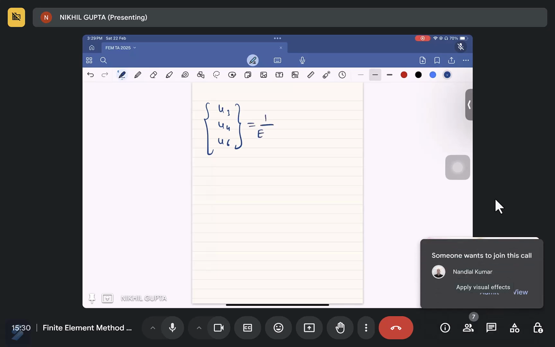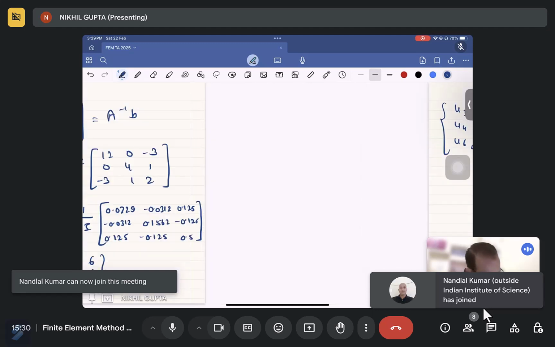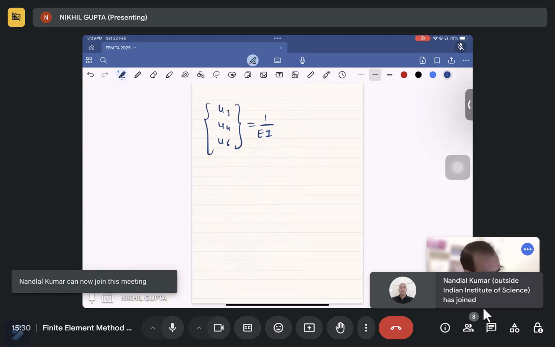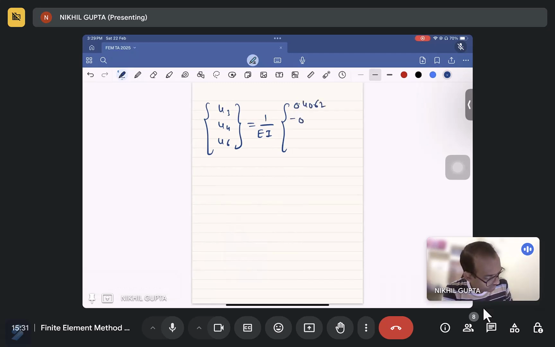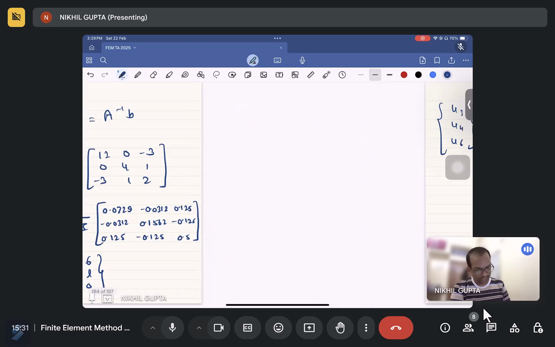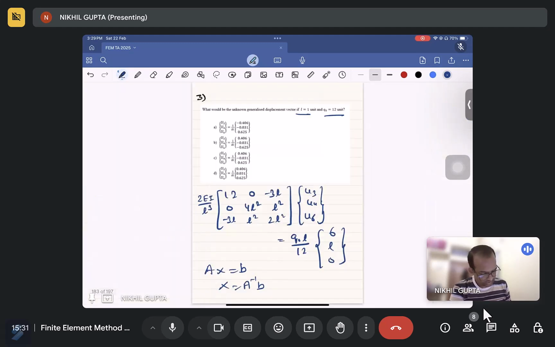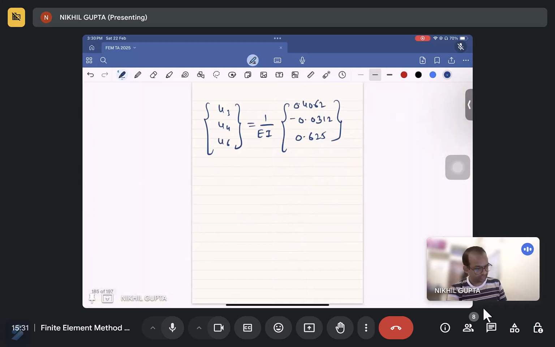You will get 1 by EI times 0.4062, minus 0.0312 and 0.625. So this is the answer you will get, and the answer is C. Yes, correct, C.